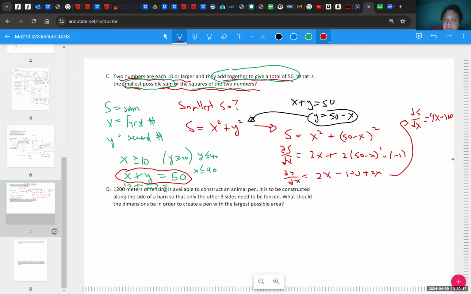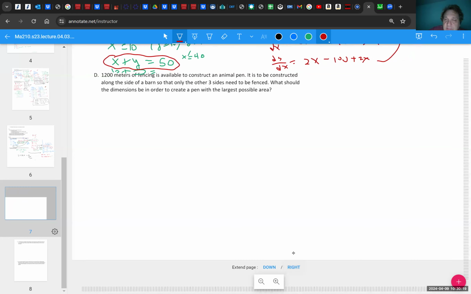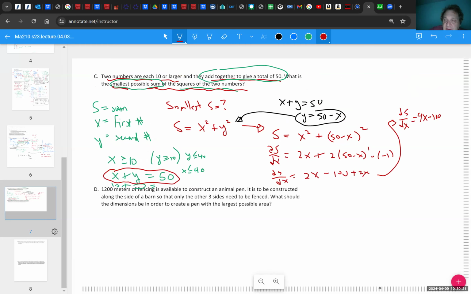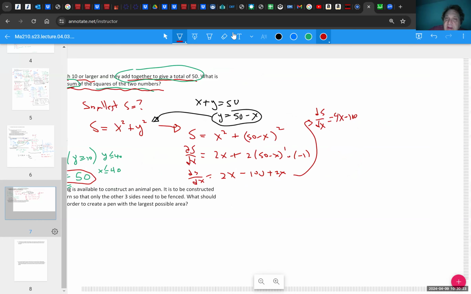Okay, so that's my derivative equation. And once I have my derivative equation, I can find my critical points, because all I do is take my derivative and set it equal to 0. And I also find out when the derivative is undefined. The derivative is a linear equation.